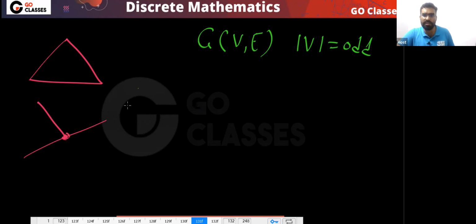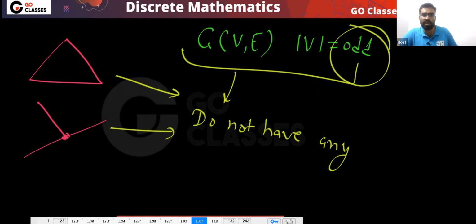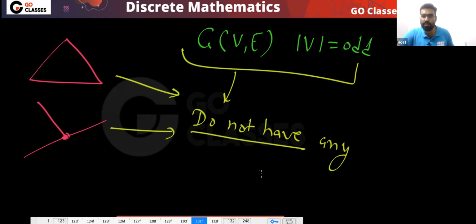Basically all these graphs, whether you have this graph or this graph or this graph, do not have any perfect matching. Because if you have a perfect matching, your number of vertices must be even. But here you have even, and still this does not have any perfect matching. So basically some graphs do not have a perfect matching.